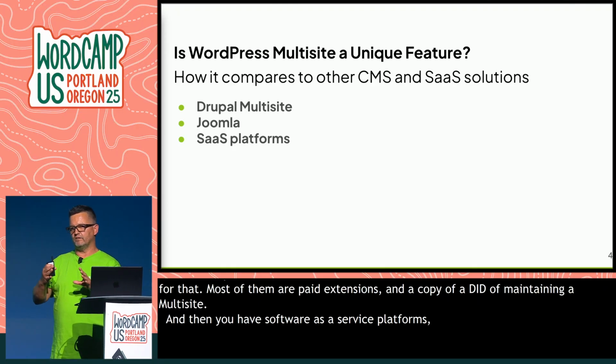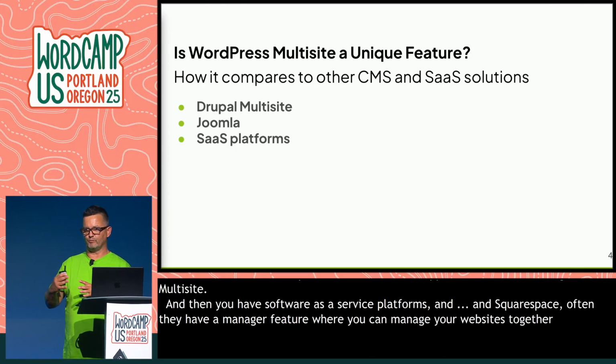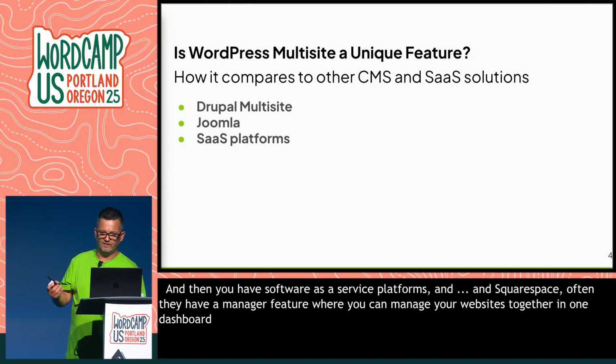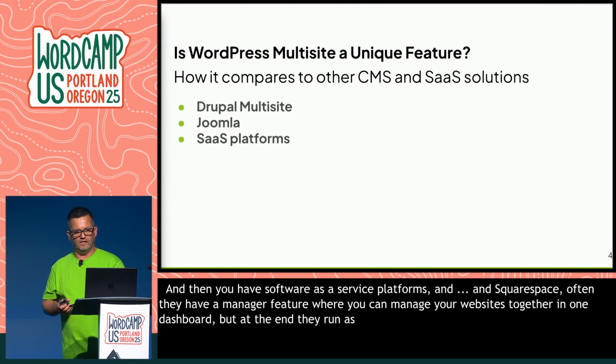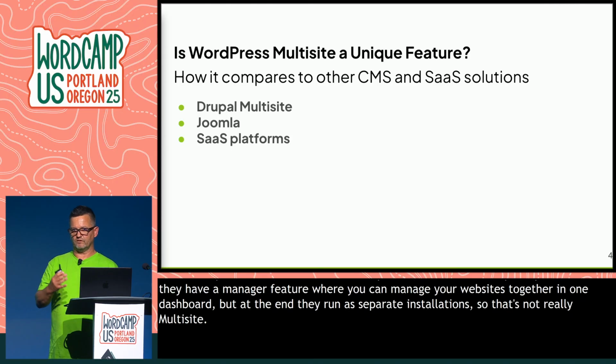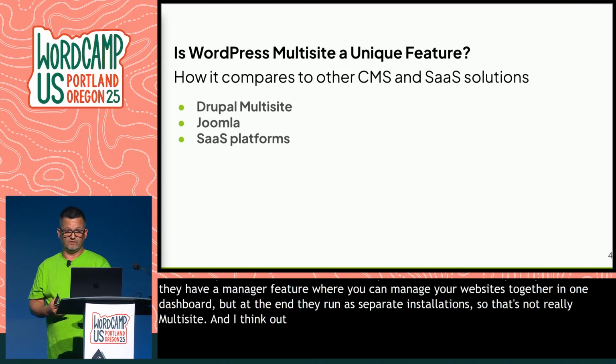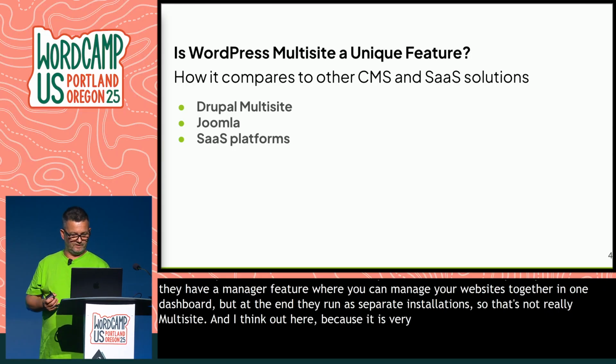Often they have a maintenance or managed feature where you can manage your websites together in one dashboard, but in the end, they run as separate installations, so that's not really multi-site. I think WordPress stands out here because it is very flexible, it is open source, and it's endlessly extensible.